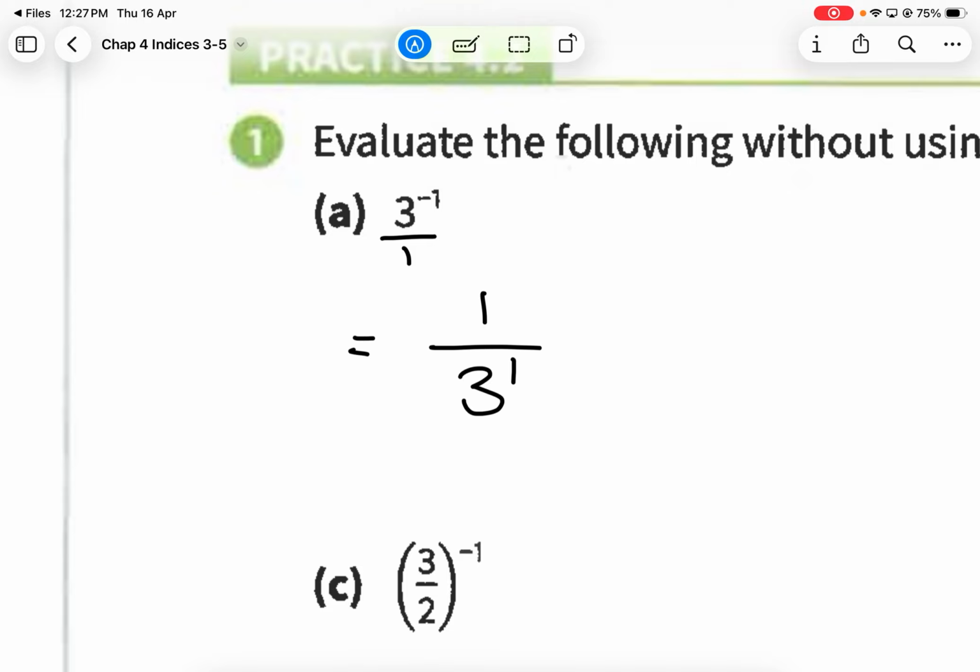Then what is on top is just left with 1. Power 1 we don't need to write. So 3 to the power of negative 1 equals 1 over 3. They want you to be able to do this.